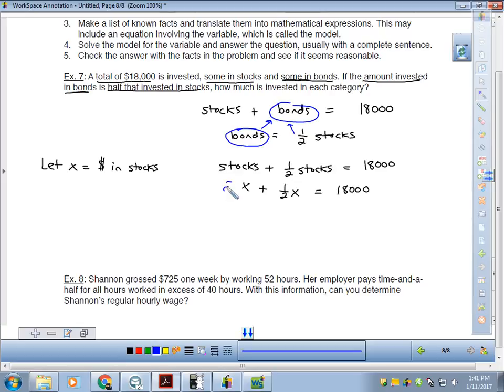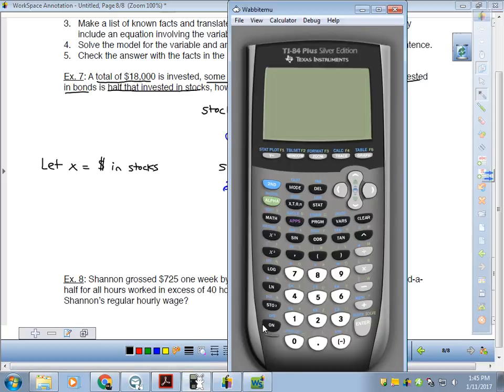I'll multiply everything by 2. So 2 times X, 2 times 1/2 X, 18,000 times 2. 2 times X, that gives me 2X. Here with the 1/2 and the 2, the 2's can cancel out. So I just have 1X, or X, equals, over here, 18,000 times 2. Gives me 36,000.